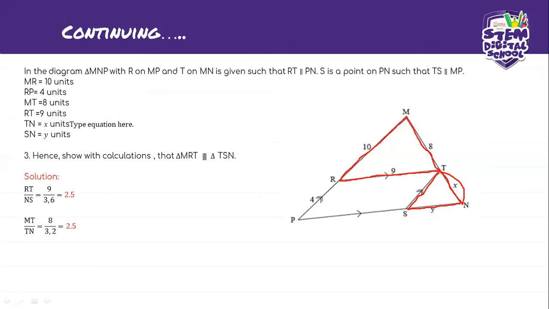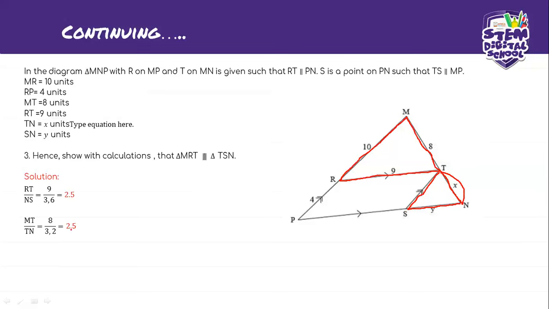Now we go to the other side. Remember, we have used this side of 9 units together with this side of y, right? Then the next side we're going to take is this one of 8 units, which is MT divided by TN, right? So it's 8 divided by 3,2.